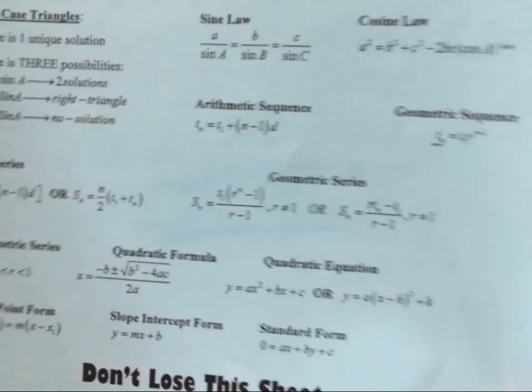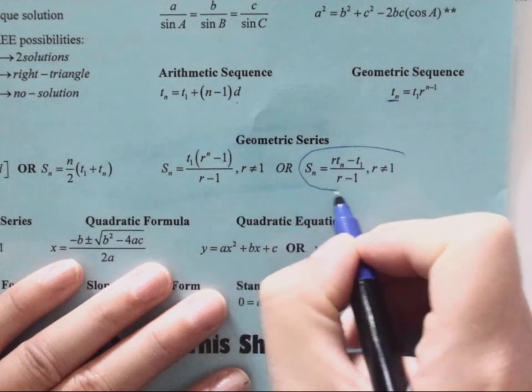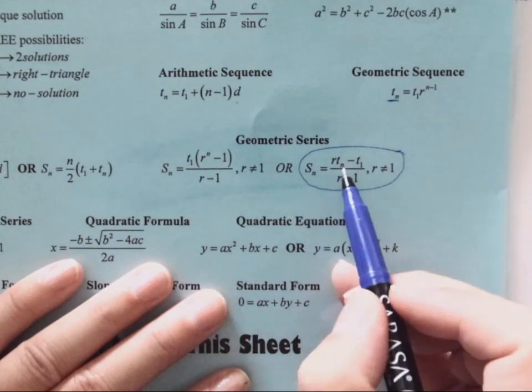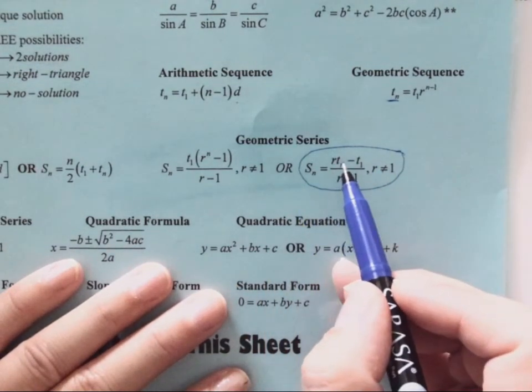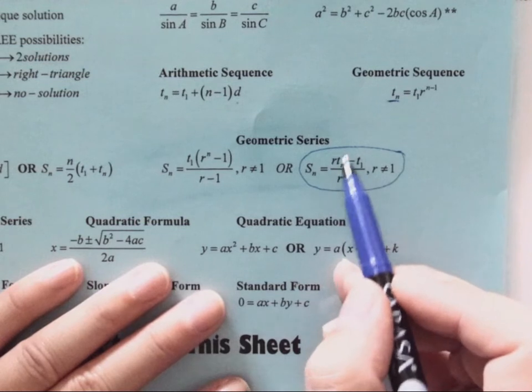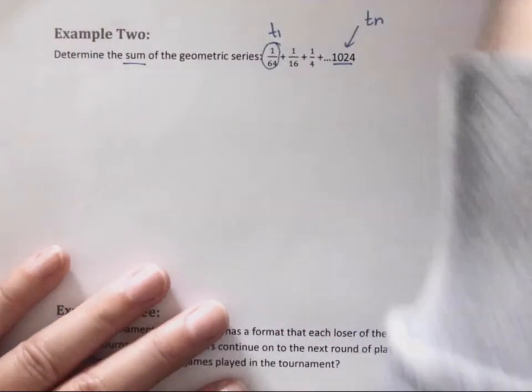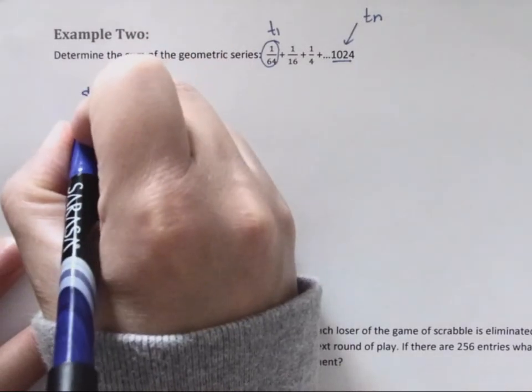But the cool thing is that if I look at my second formula here, nowhere in here does it say any of these variables need to be n. Yes, there's a little tiny n right there, but that just means your last term. We know the value of our last term. So I don't even have to calculate n, which is less math for me to do.